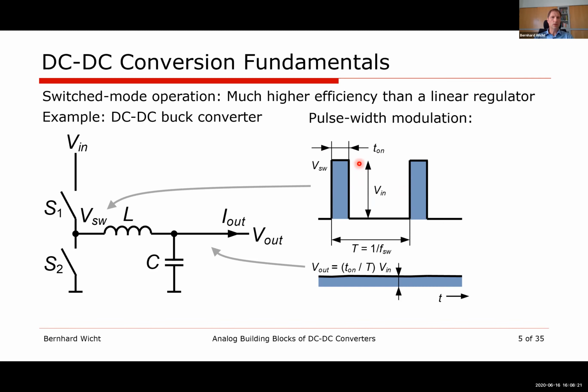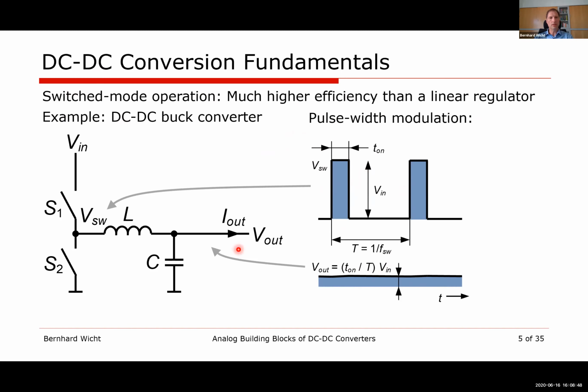That leads to the way to control it: if you control the pulse widths properly, then we can set the level of the output voltage accordingly. So switch mode operation and pulse width modulation are the key concepts that we find in a majority of power management DC-DC converter circuits.